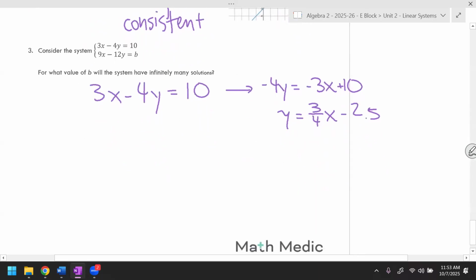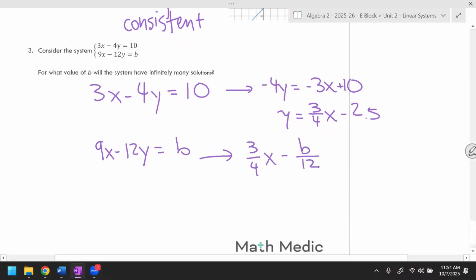I see you took 9x minus 12y equals b, and then you did the same thing to convert, and let's see if I can do this in my head. You converted that into 3 over 4x minus b over 12, right?